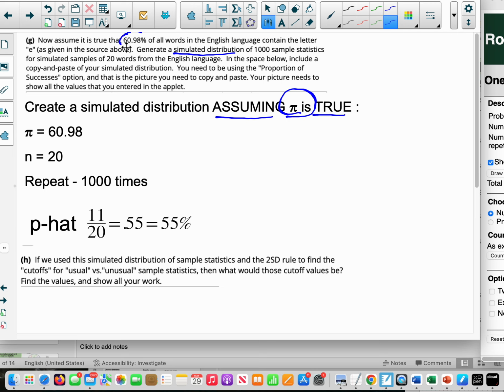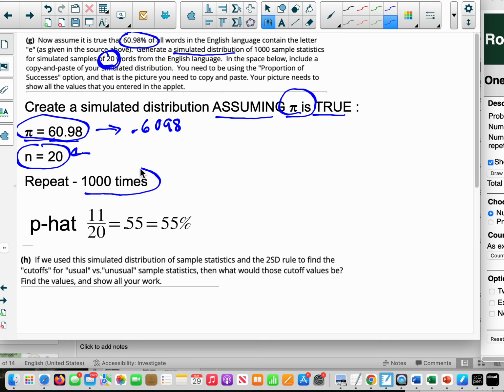In this case, my claim was that 60.98% of all the words, or pi, the proportion, is equal to 60.98. When I put this in my applet, I'm always going to put this in as a decimal, 0.6098. Then I'm going to make each dot in the distribution have the same sample size as the sample that I actually observed. 20 is n.